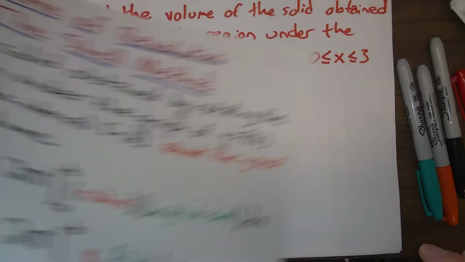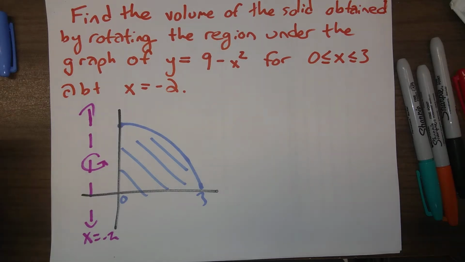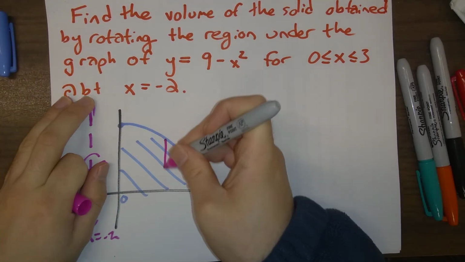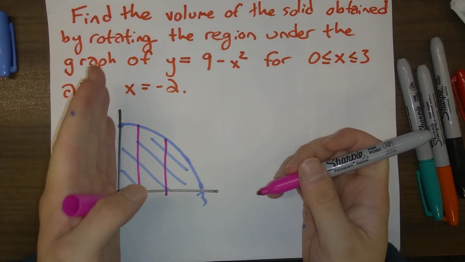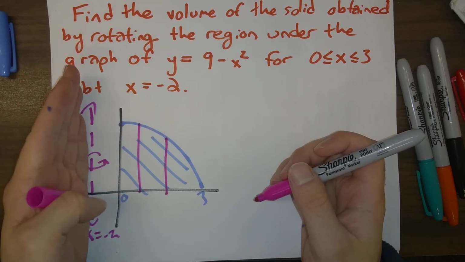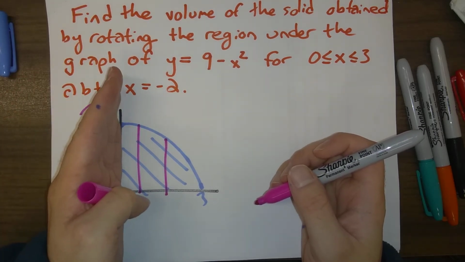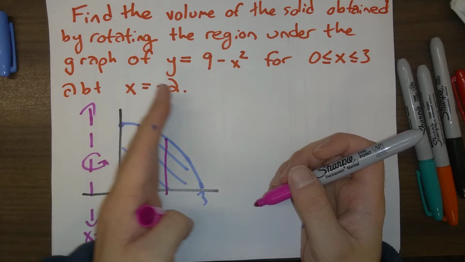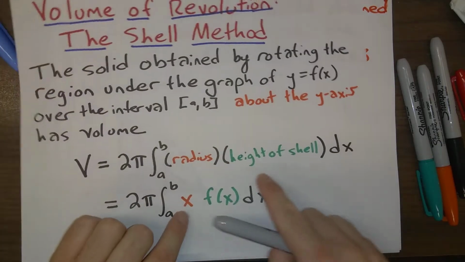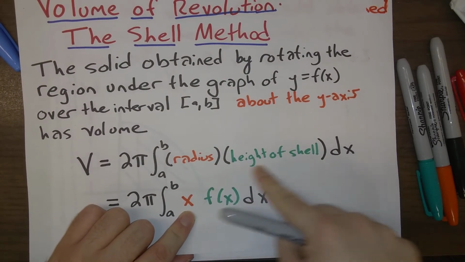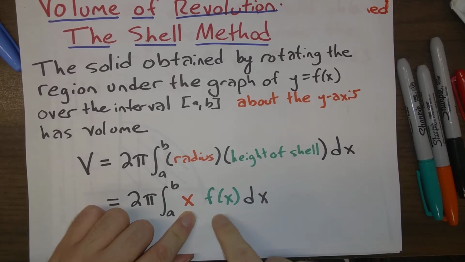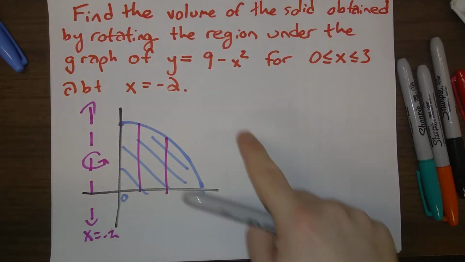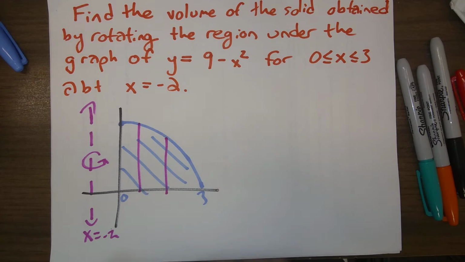Just because we're rotating around x equal to minus 2 instead of the y-axis, that's not changing the height of the shells. So in our formula, this is not going to change at all. We're still going to put in an f of x, in this case, 9 minus x squared.